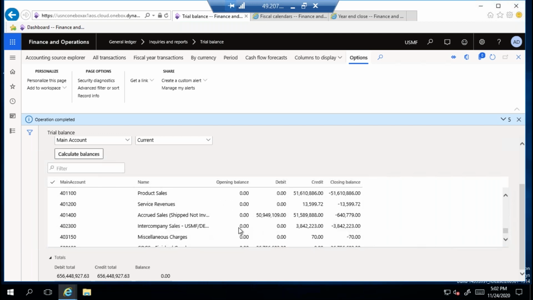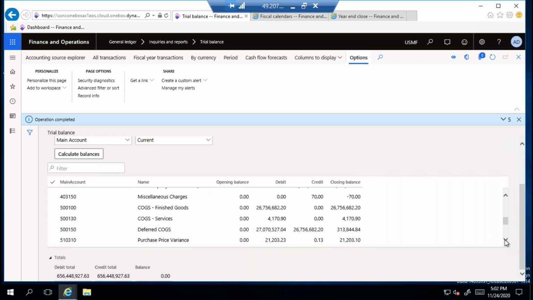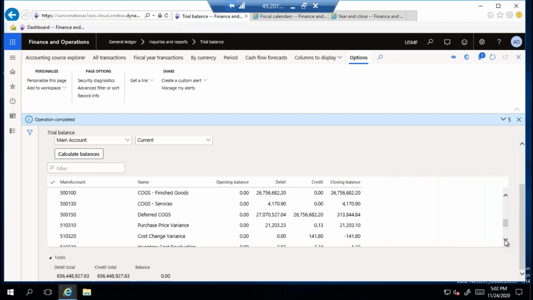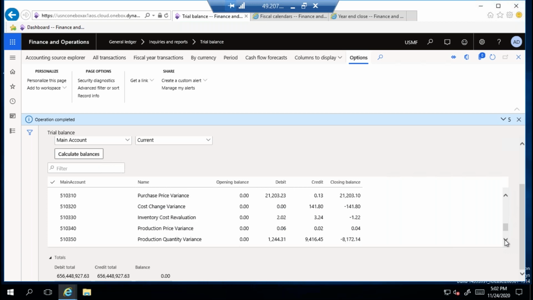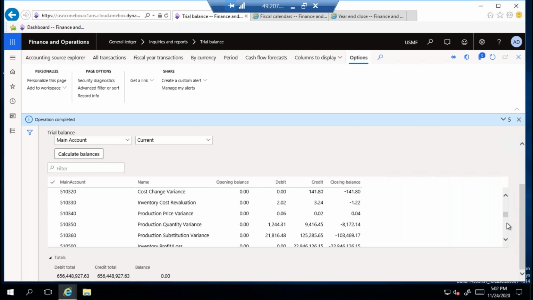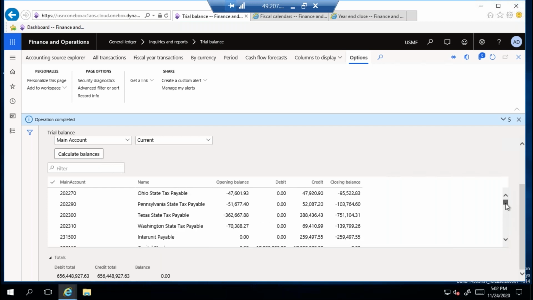Now from 4 series you will not find any opening balances, because as I told you, for 4 series, 5 series, 6 series, 7 series, you will not find any opening balances. Only you can observe 1, 2, 3 series. Understood?